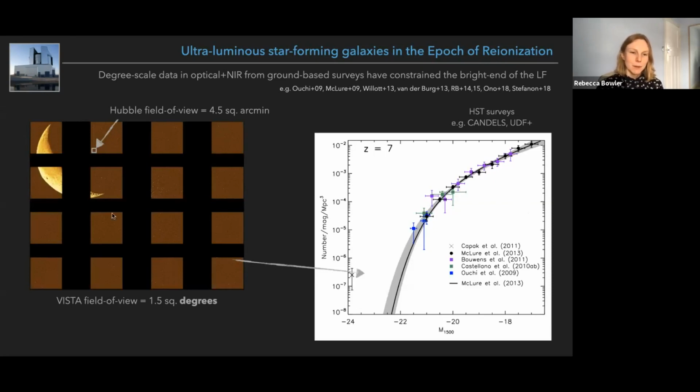Compared to the moon here, if you just focus on this part of this slide, Hubble sees only a tiny patch of the sky. What this means is that it can't find the rarest sources, basically. The probability of a very bright, rare galaxy being in this tiny field of view is very small.